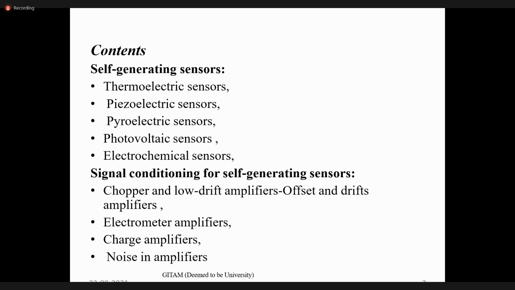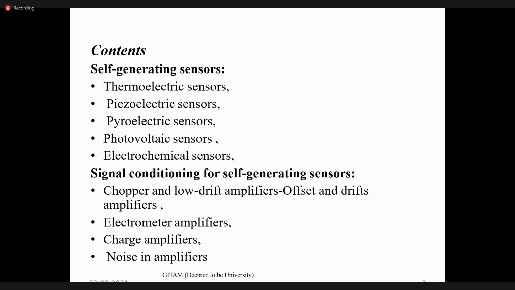As the name suggests, thermo means temperature is involved in this sensor. Piezo means we use piezoelectric crystal in these sensors. And pyroelectric sensors means we use temperature again in these sensors. Temperature we use to sense different parameters, or directly we will sense temperature.